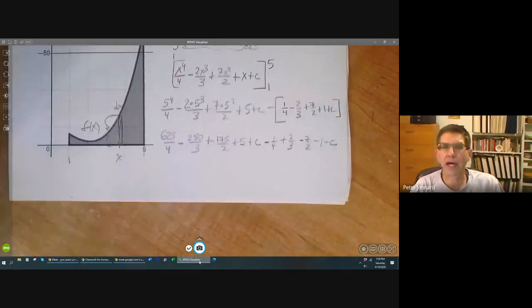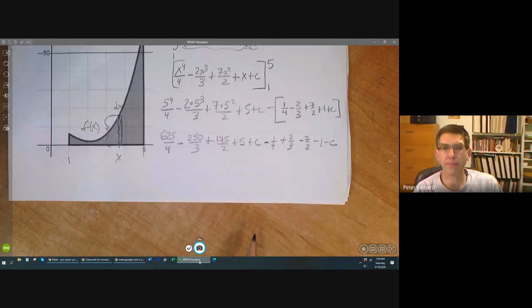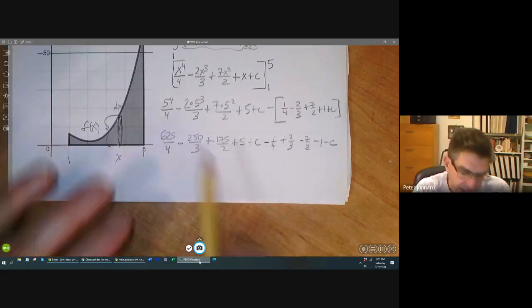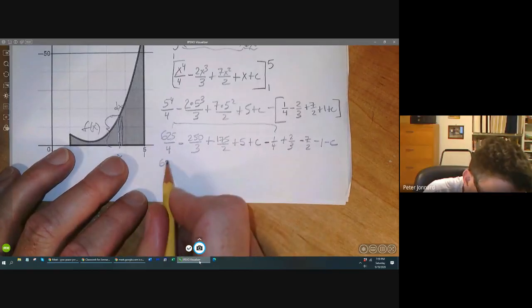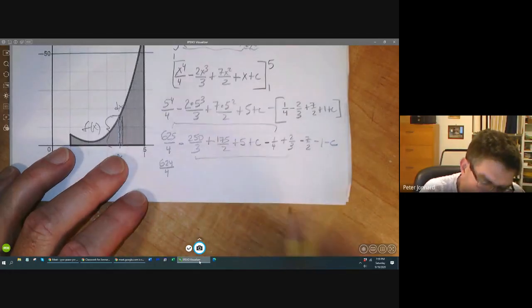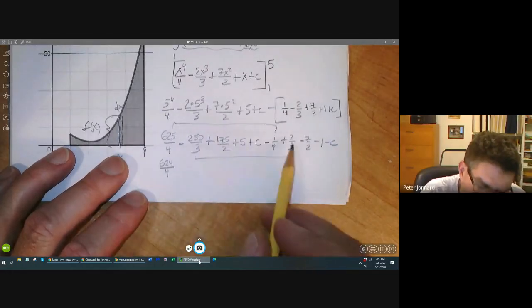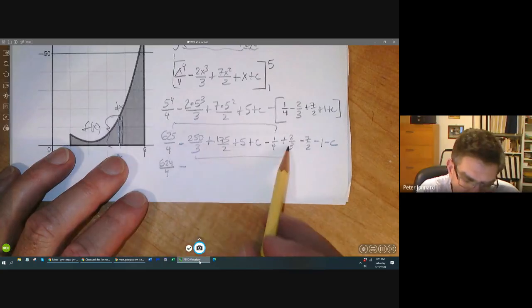Okay. And gosh, I wish I had written that down underneath here, because then I could kind of combine my like terms like this, right? That would be 624 fourths. And then these guys go together. That would be minus, let's see, 250 thirds plus 2/3.